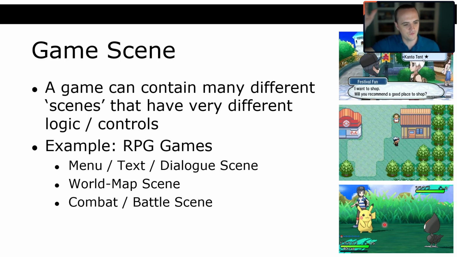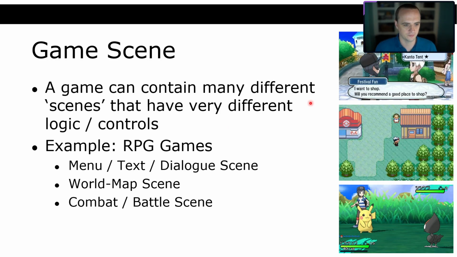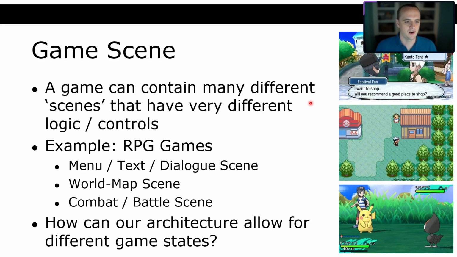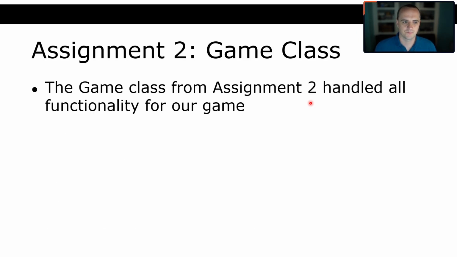In future assignments, starting with assignment 3, we're going to be implementing a bunch of these things. In assignment 3, we're going to be able to load textures, play animations, and have multiple different scenes. The game class for assignment 2 will handle all of the functionality for our game.